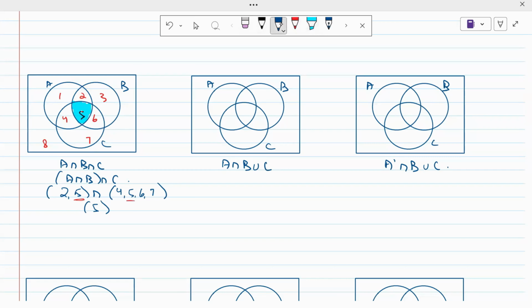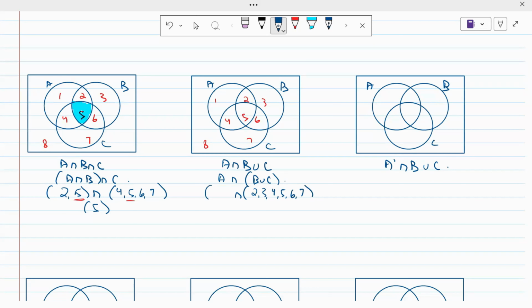Next part, A intersection B union C. Here again, I'll add a bracket myself. The choice is yours. If you want to keep a bracket between A and B or B and C, both will give the same result. So this time I'm adding a bracket on the latter two sets, B union C. If I have labeled the regions first, 1, 2, 3, 4, 5, 6, 7, and 8, then B union C, what union does is combine B and C. So the combination of B and C would be 2, 3, 4, 5, 6, 7.